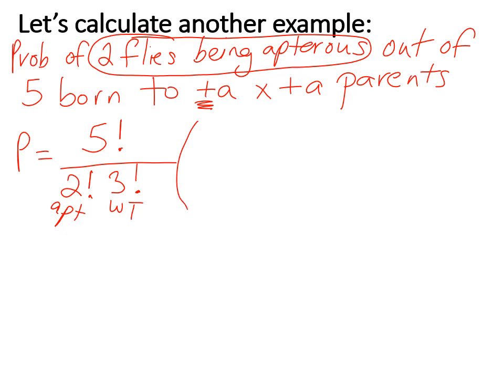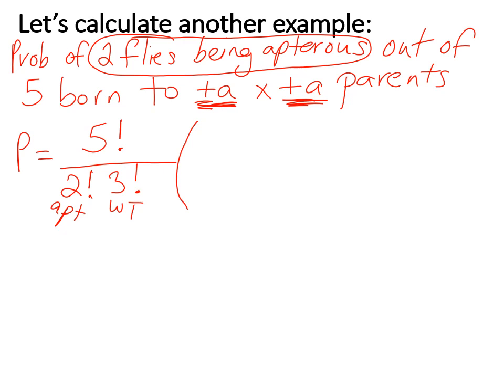Okay? So now, when you have that cross of plus A crossed with plus A, if you do the Punnett square for that, well, you know the probability of having wild type and the probability of apterous. I don't have to draw the Punnett square out for this particular example because you guys already know that anytime you're crossing 2 heterozygous flies in a monohybrid, you expect a 3-to-1 ratio in terms of 3 out of 4 wild type and 1 out of 4 recessive.